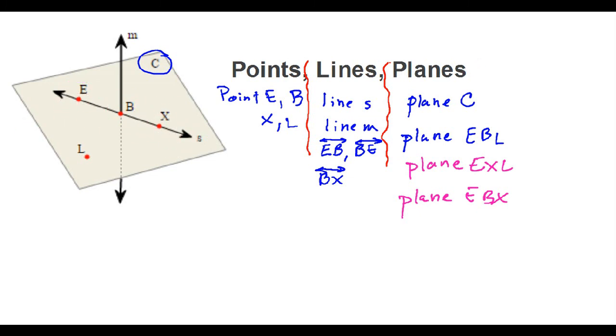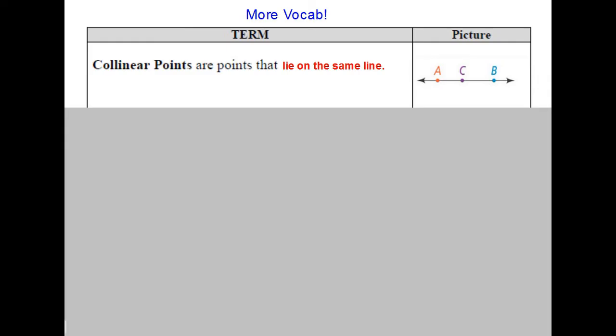If you look at EBX and connect the points, it's just a straight line. So EBX does not work. That means we cannot use those three letters. The three letters have to actually form a plane. You have to visualize a plane. If all you see is these three points on a straight line, then it's a line. It's not going to be a plane.